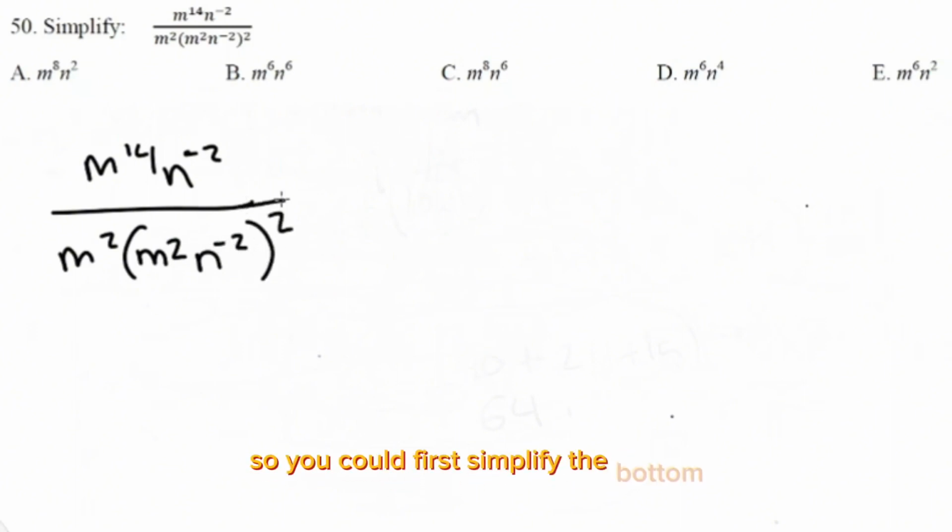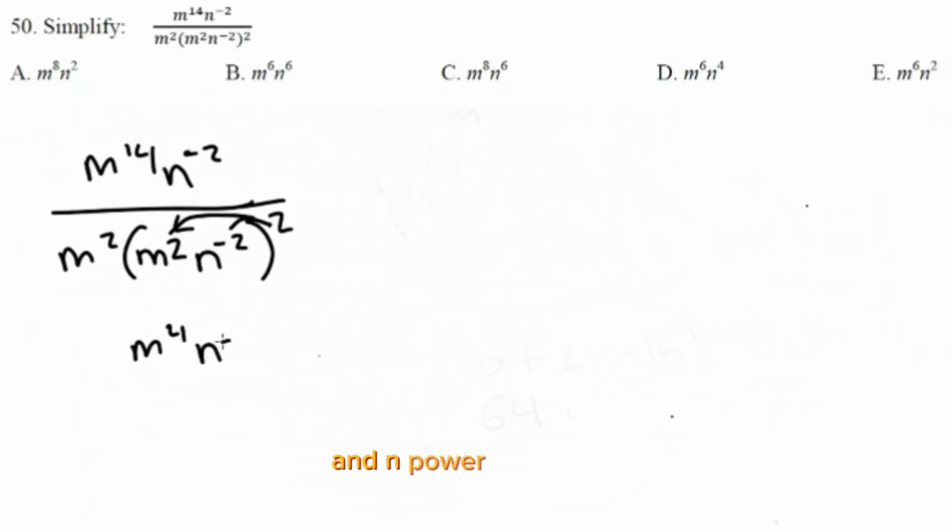Next, simplify the following. Alright, so we're given m power 14 times n power -2 over m squared times m to the power of 2 times n power -2 squared. We could first simplify the bottom. So we can put this exponent into both by multiplying it. So that becomes m power 4 and n power -4.